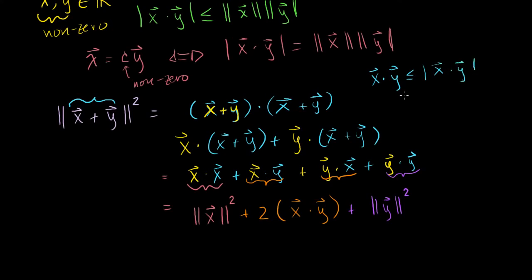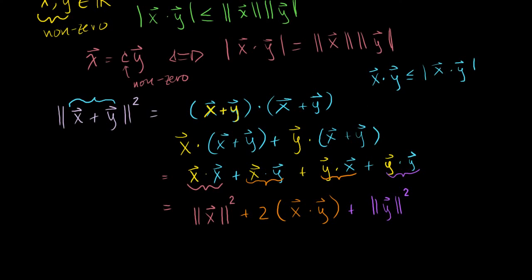Why is that? Well, this could be negative. I could show you examples of dot products that are negative. In fact, if x has all positive terms and y has all negative terms, you're going to have a negative dot product. So this could be negative, or it could be positive. If it's positive, the absolute value and it are equal to each other. If this is negative, then this absolute value is definitely going to be greater than it.